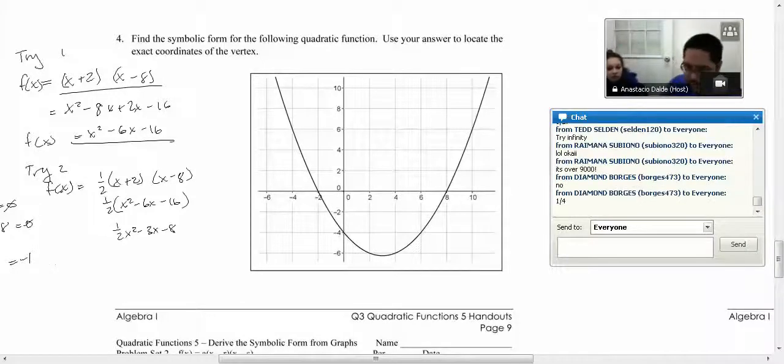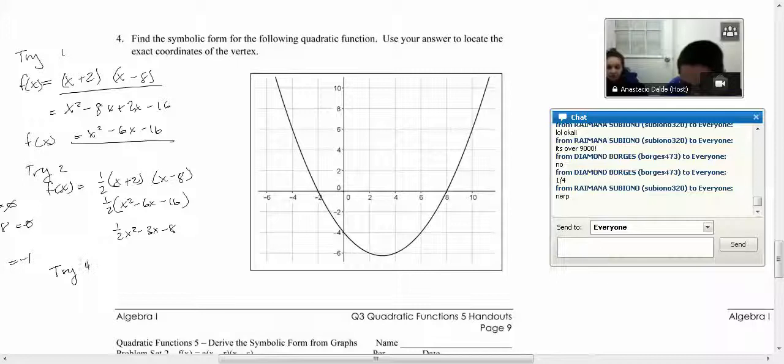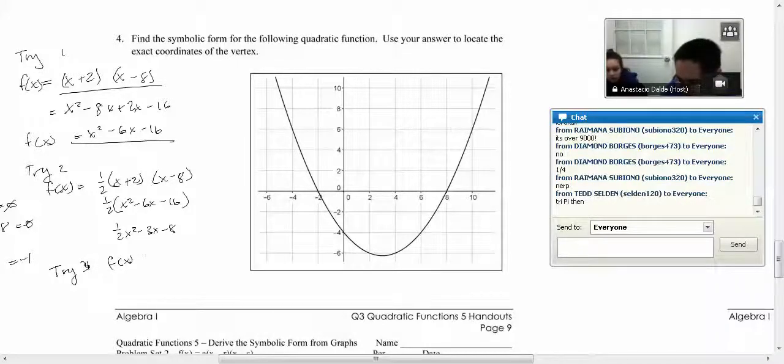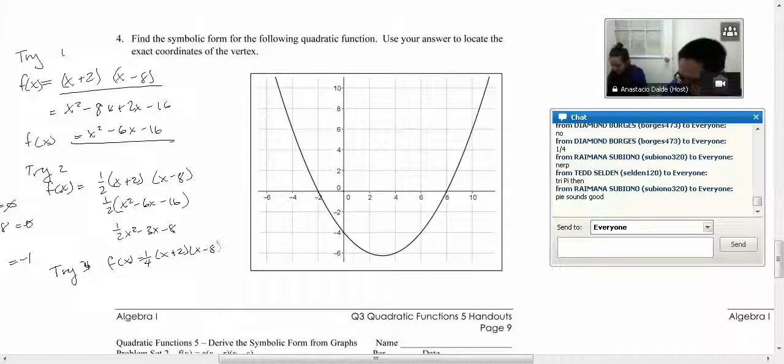Why did you choose 4? What you're guessing is 1/4, and your logic is that you want to reduce this so it crosses at -4. Right? Alright, fine, let's do it. Let's multiply this by 1/4 and I end up getting 1/4 x squared minus 6 over 4 x minus 4.